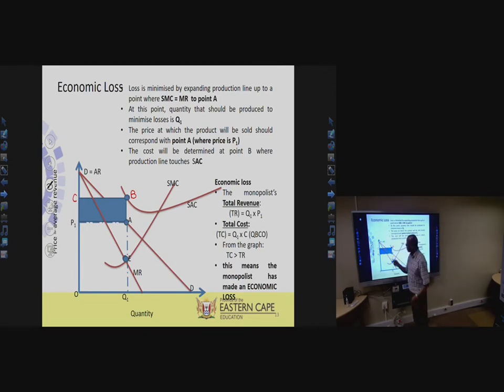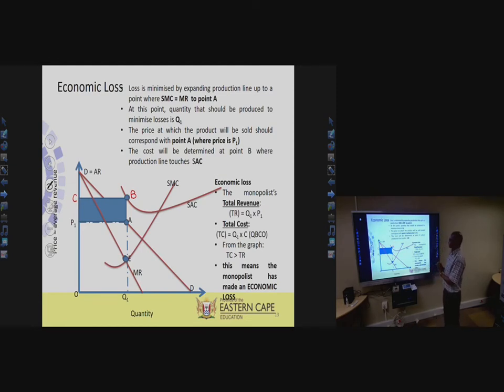And then that gives you P1. And then that is the price. But that particular price, as you can see, the cost is more than the price. How do we determine cost?